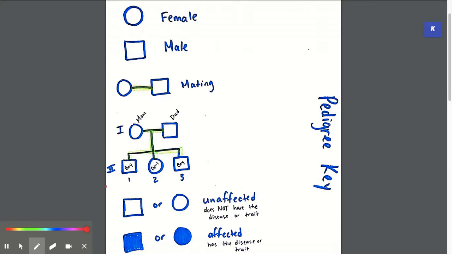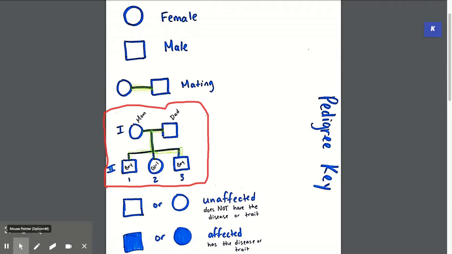So if I look right here where I'm highlighting, this is an example of a family tree in terms of a pedigree chart. Now, it doesn't look like a normal family tree, but there's a lot of information there.